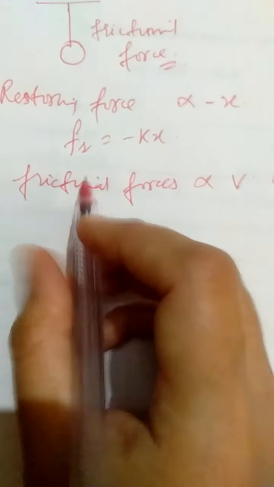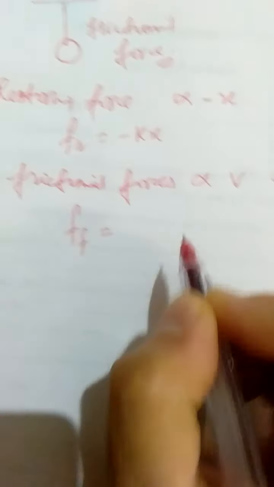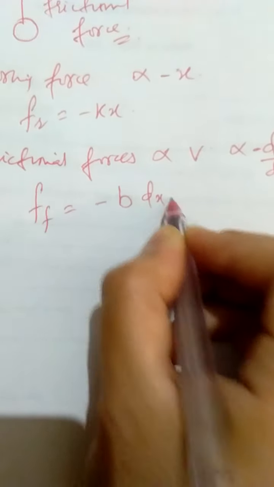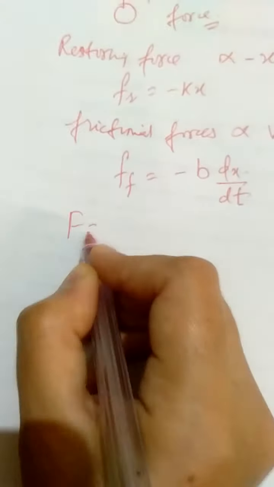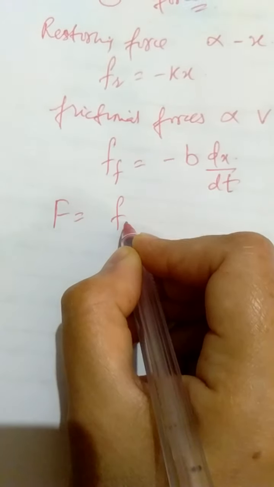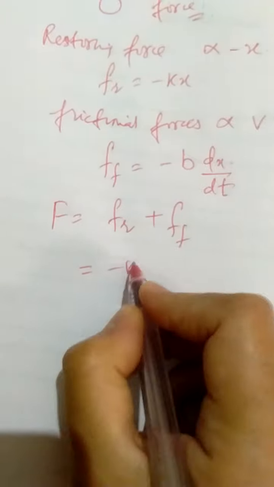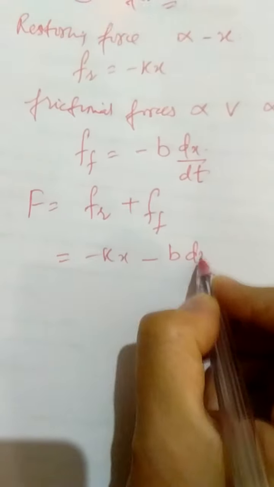So this frictional force will be written as Ff equal to minus b dx by dt, where b is another constant. Therefore, what is the total force? Total force is F restoring plus F frictional, that is minus kx minus b dx by dt. And how do we write force?